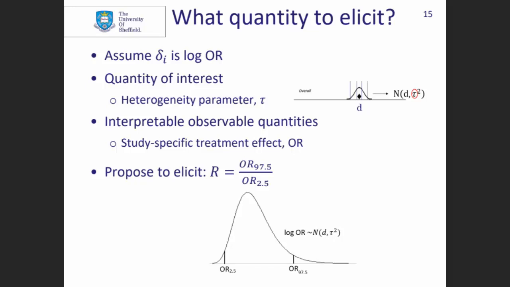So I propose to elicit the ratio between the limits of the 95% confidence intervals, and we call this ratio R. Our estimate of the treatment effect odds ratio is an uncertain quantity, hence it has a distribution, and the quantity I propose to elicit is the ratio between the upper 95% confidence limit and the lower 95% confidence limit.